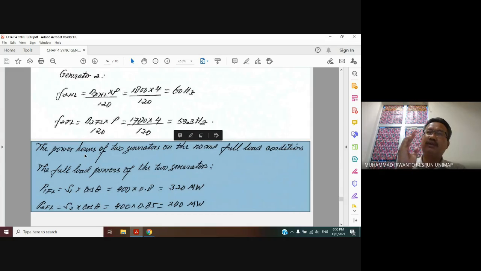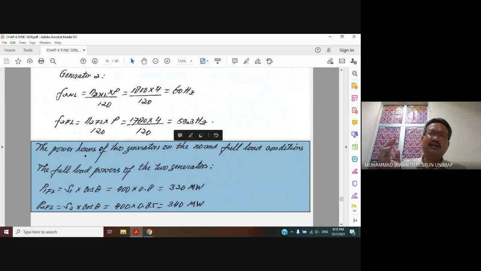Now, we know that the slope of power frequency is equal to full load power divided by no load frequency minus full load frequency. So we have to find the value of the slope of power frequency.